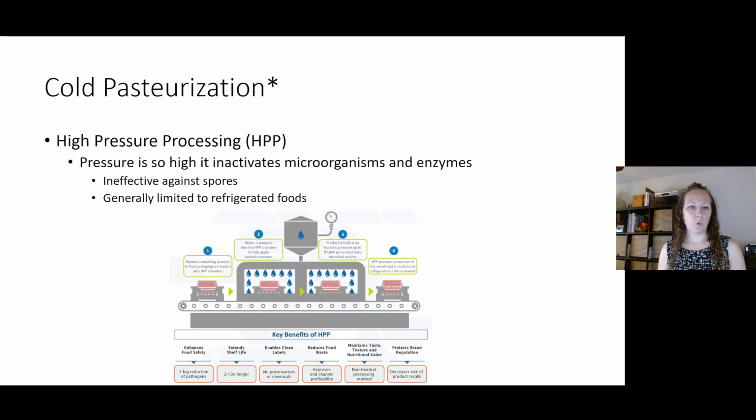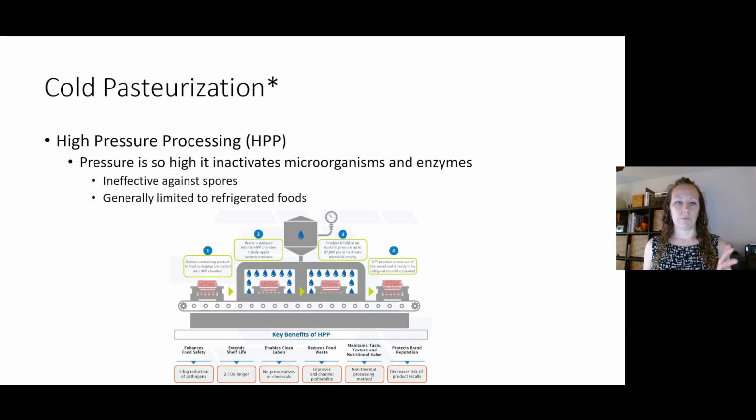Okay, and then what I'm going to add to this chapter, and I expect you to know this, it's not just bonus, okay, are two methods of pasteurization that are actually not thermal methods at all. Temperature has nothing to do with them, but they're called cold pasteurization, and that's just because no heat is required, okay?